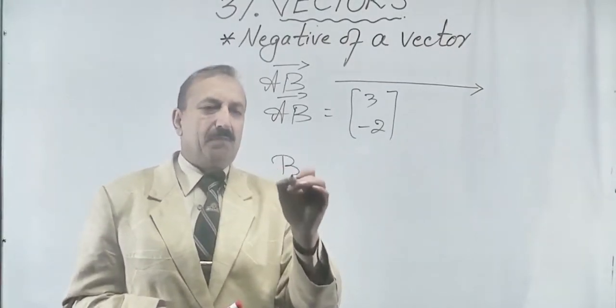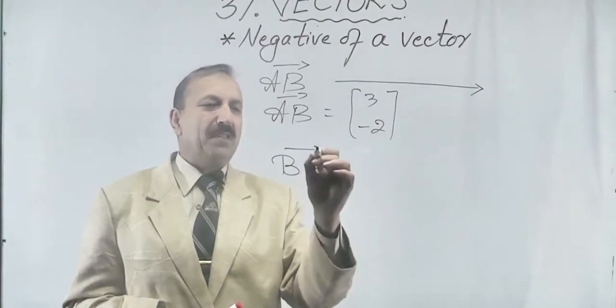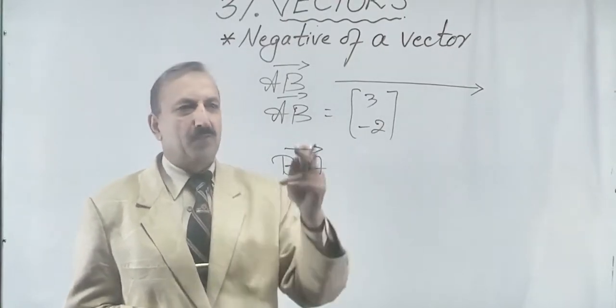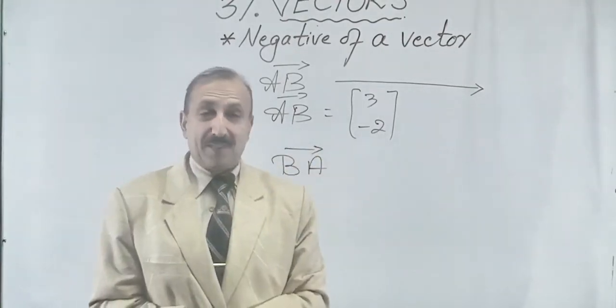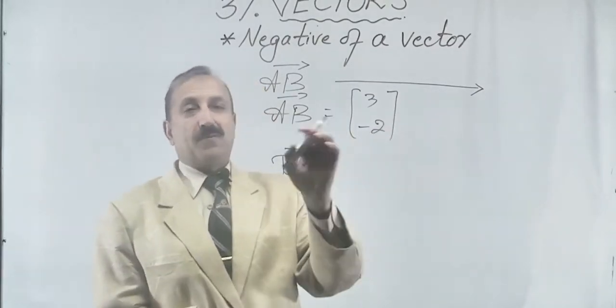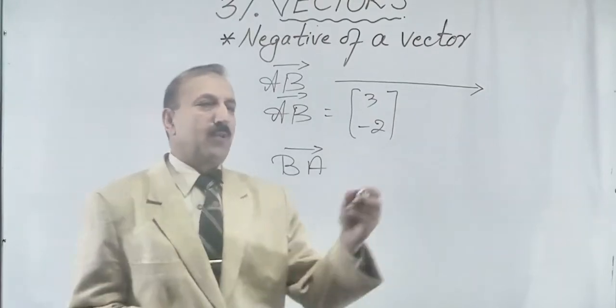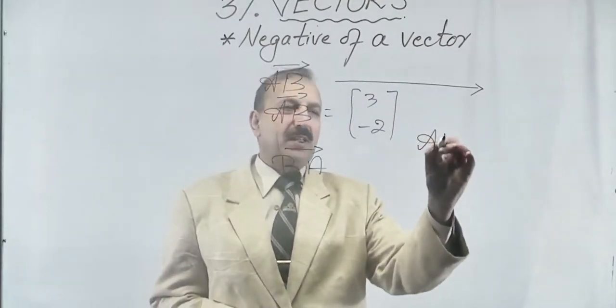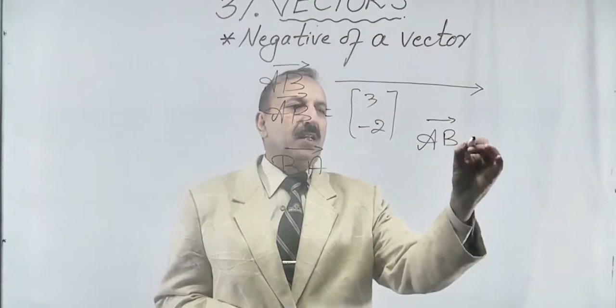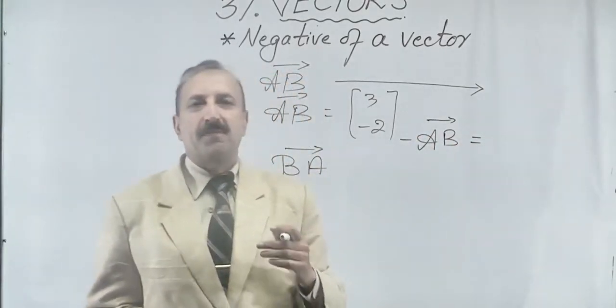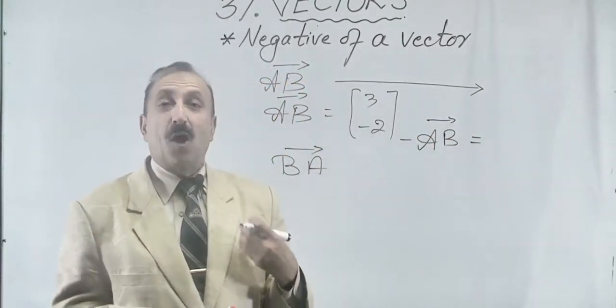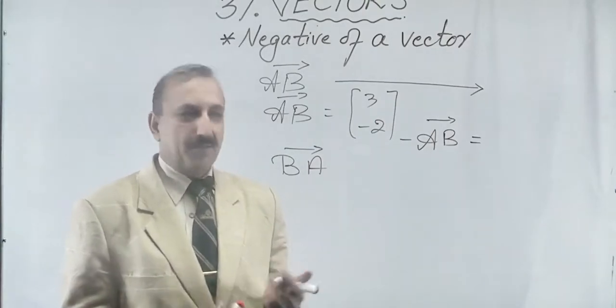That means vector BA is entirely opposite to vector AB. But the question is, if we already have a definite value of AB, how can we write this? The process is, we multiply the vector AB with a negative sign if we want to write its opposite.